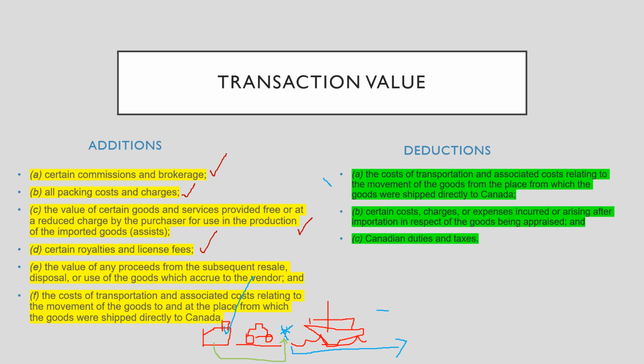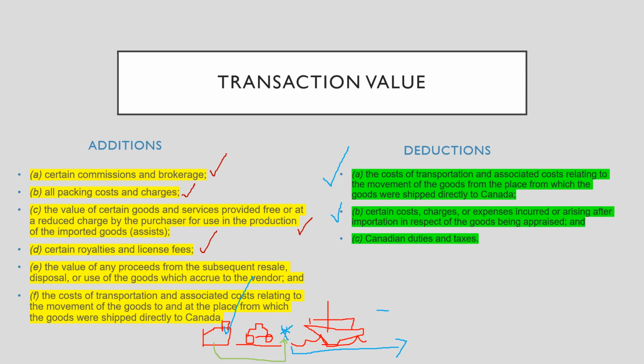Other deductions that you can make to your goods could be certain costs, charges, or expenses incurred or arising after importation in respect of the goods being appraised. Something that happened after importation.